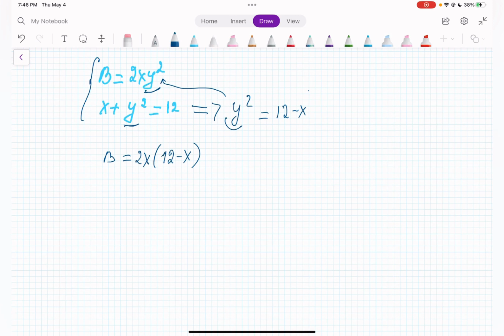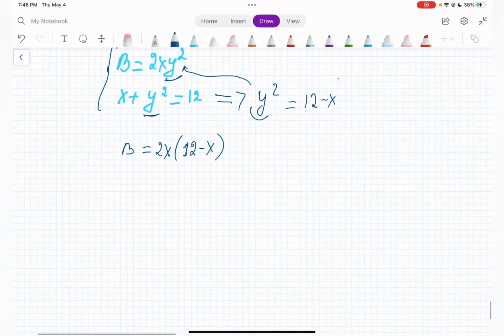Remember what I said in the previous problem: we need to take the derivative to find the maximum, first derivative, and then assign it to 0, because at the point of maximum and minimum, the derivative is equal to 0.